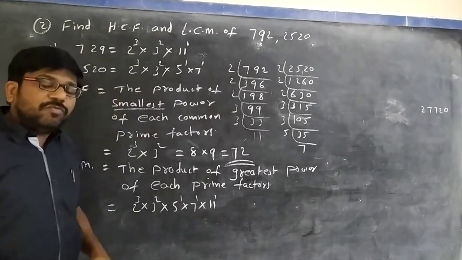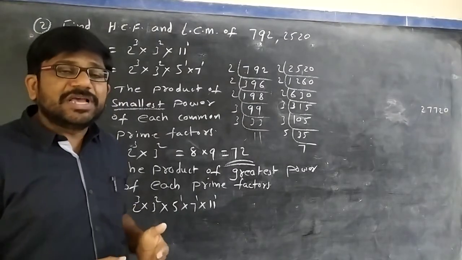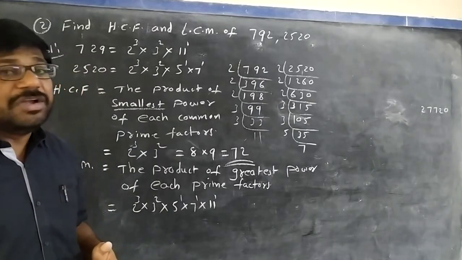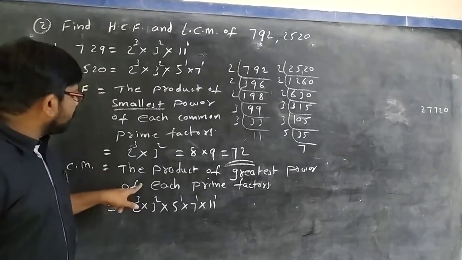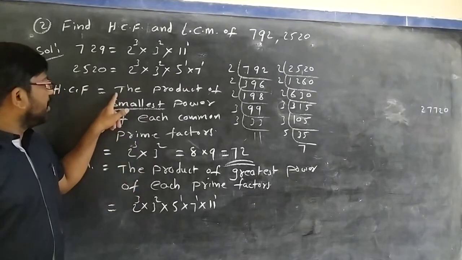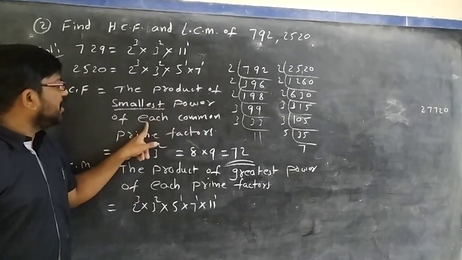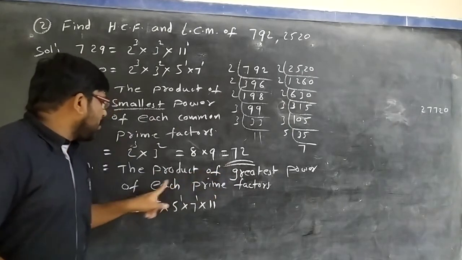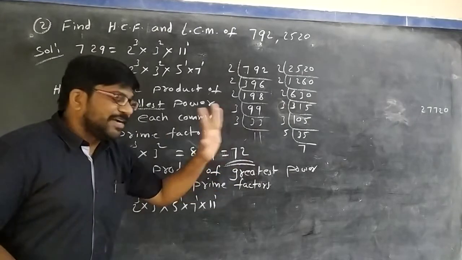We should write all prime factors with the greatest power. Not just common, but all, so there is a small difference. In HCF it is the smallest power of each common prime factor, but here it is the greatest power of each prime factor.